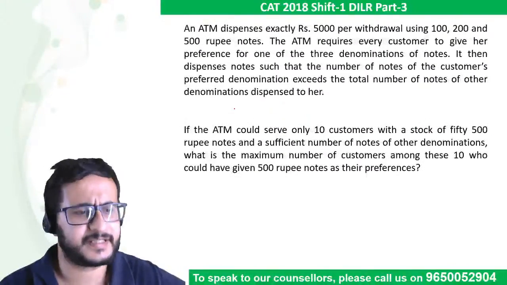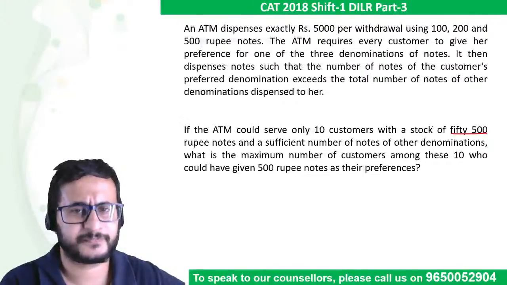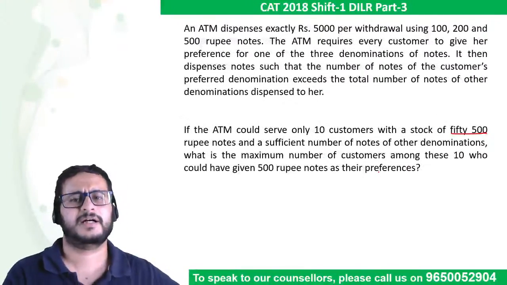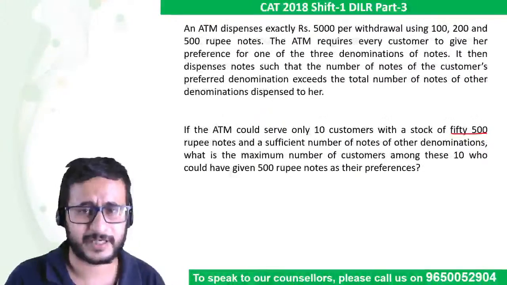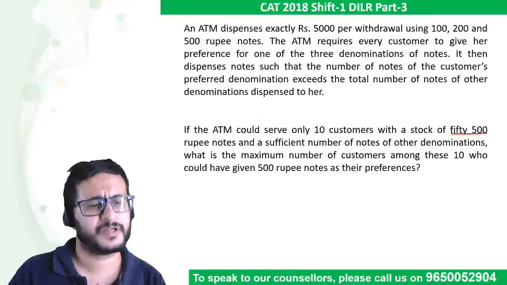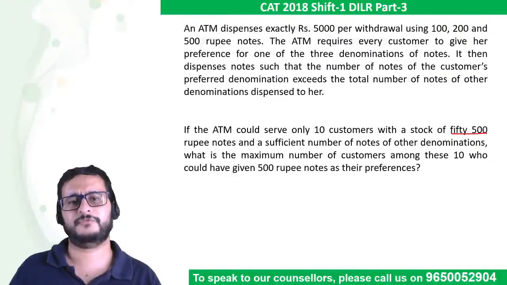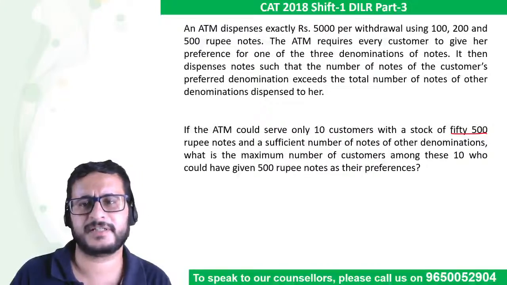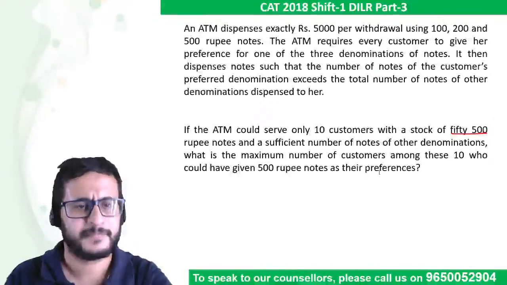So there are 10 customers, and there are 50 500 notes, and the other two notes are sufficient. I won't say unlimited, but good enough to fill the requirement of all these people, right? So you have to tell the maximum number of customers among these 10 who could have given 500 rupee notes as their preference.